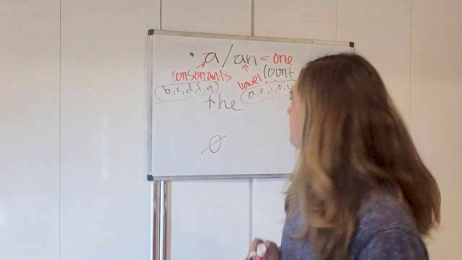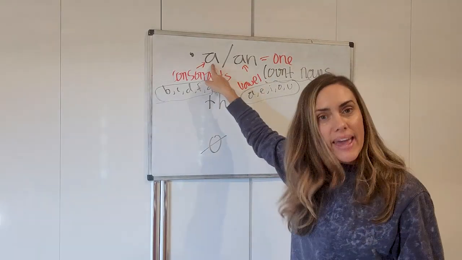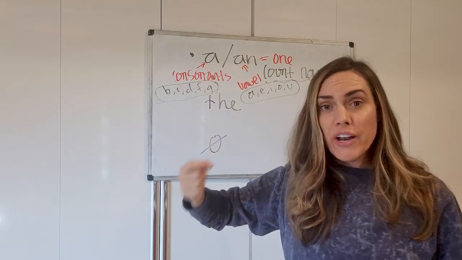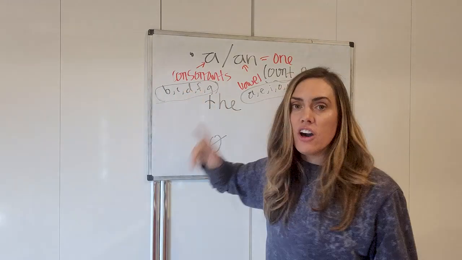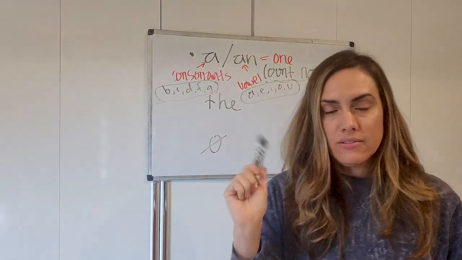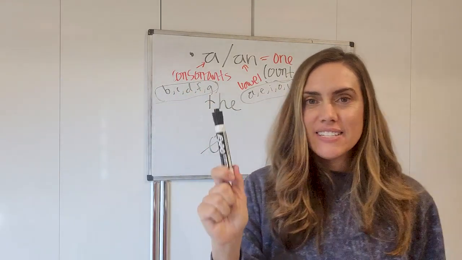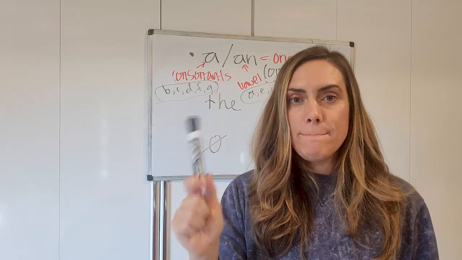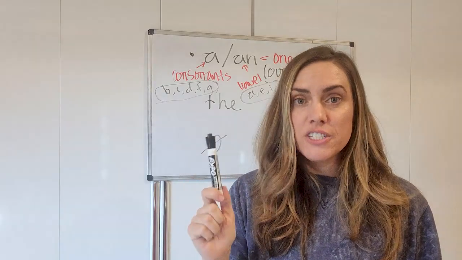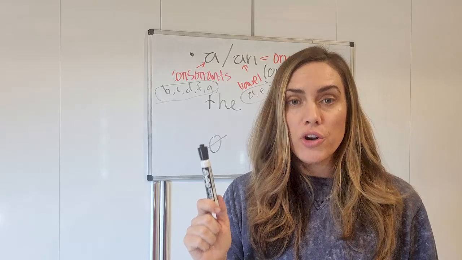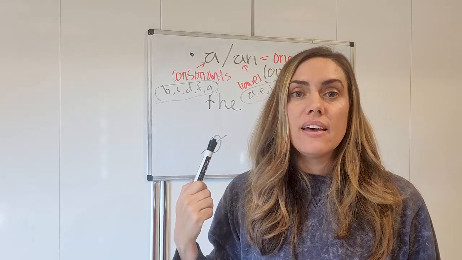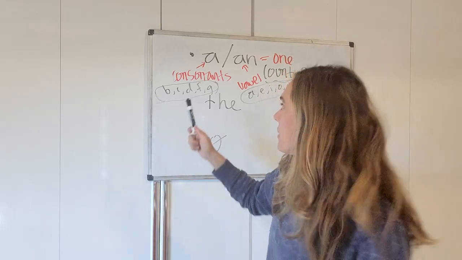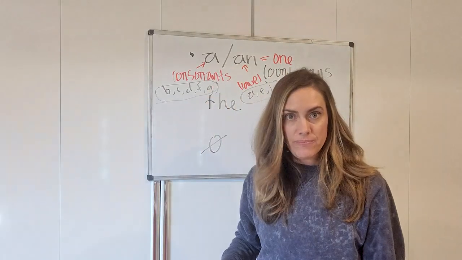Okay, so I will use a when the word after a starts with a consonant sound, like this. This is a marker, and m is the first sound of the word marker, and is a consonant sound, okay? So I will say a marker, okay?